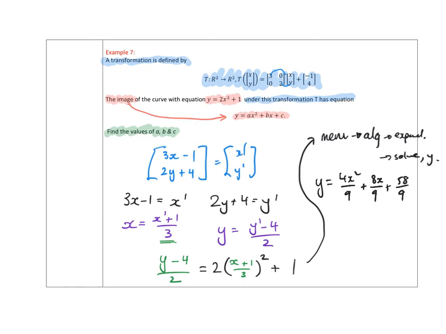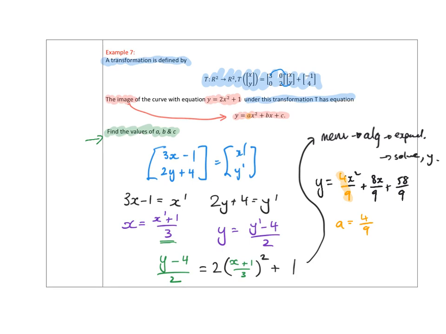Now although we found the image of the curve, what we were actually asked to do, which we can see over here, was find the values of a, b, and c, knowing that the image takes the form y equals ax squared plus bx plus c. So all we have to do now is recognise that our coefficient 4 over 9 is a. So I can state that a equals 4 over 9.